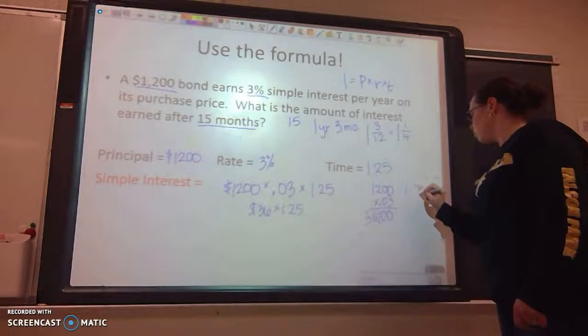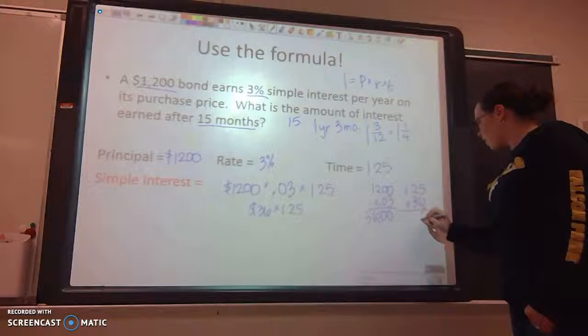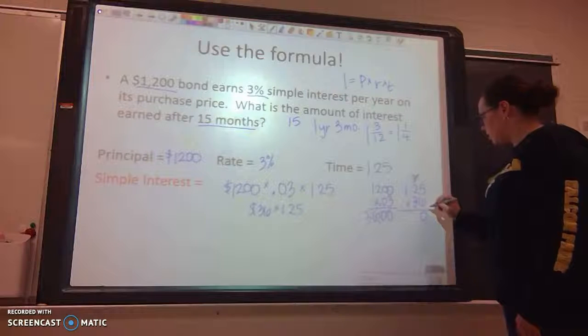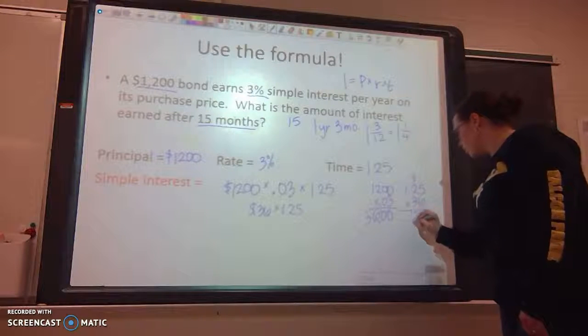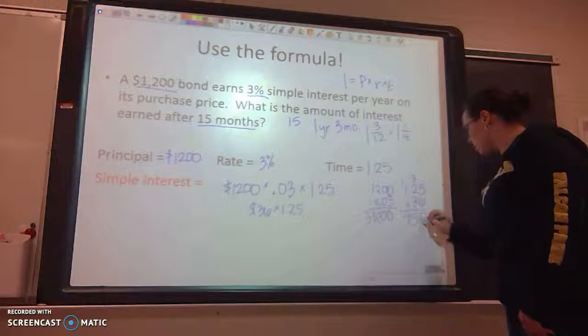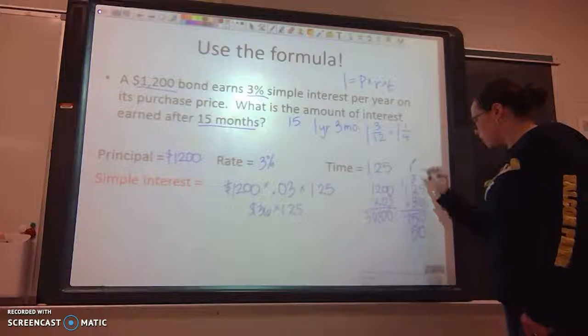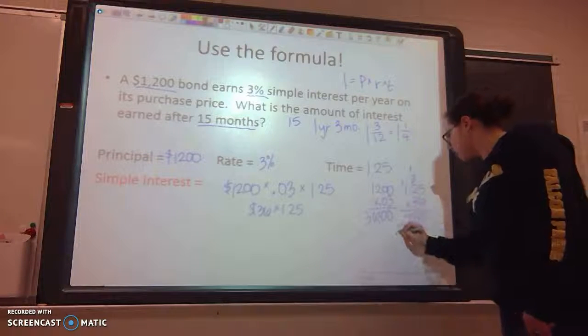So now 36 times 1.25. I'm going to put 1.25 on the top because it's more numbers. 6 times 5 is 30. 2 times 6 is 12. 13, 14, 15. 1 times 6 is 6, plus 1 is 7. That is 0. 3 times 5 is 15. 2 times 3 is 6, plus 1 is 7. 1 times 3 is 3.